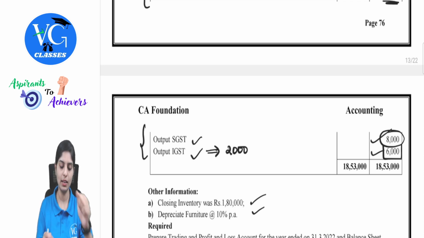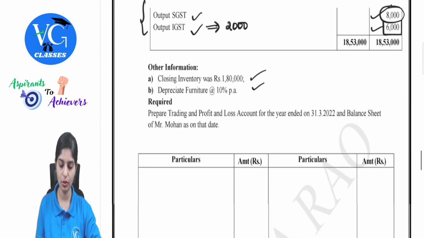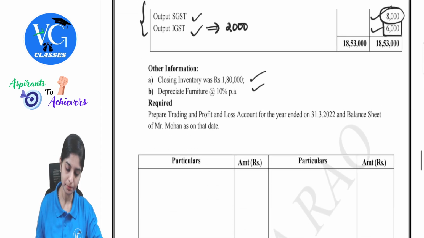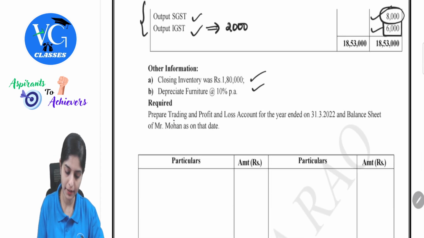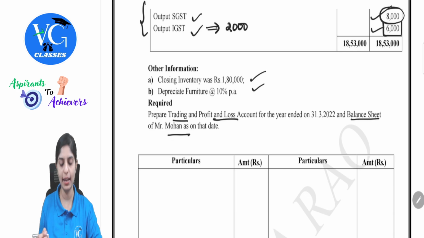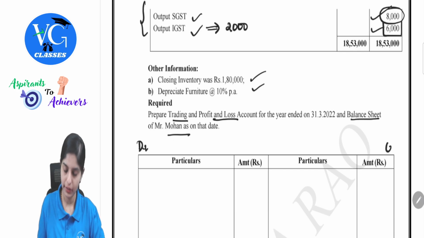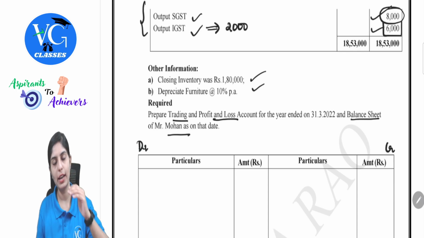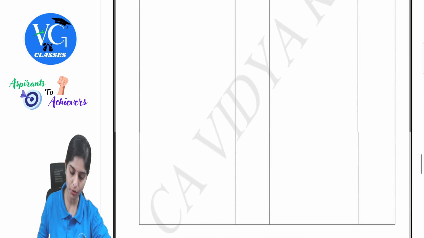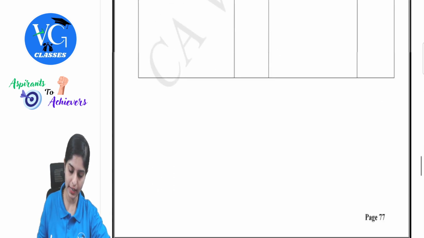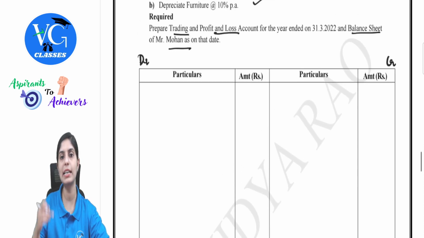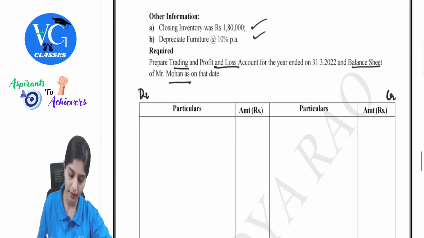Yes? Yes. So let's understand how to solve this question. What is the requirement? Prepare trading and P&L for the year ended, and then the balance sheet of Mr. Mohan as on that date. First of all, trading and profit and loss can be presented separately, or you can just prepare one whole account. I have just taken the format here, which will be an extension after we complete the trading account.